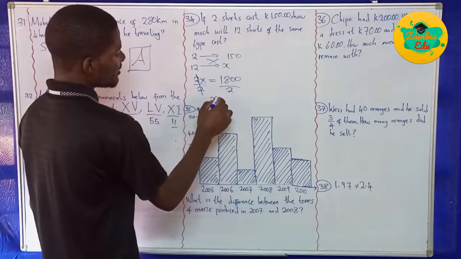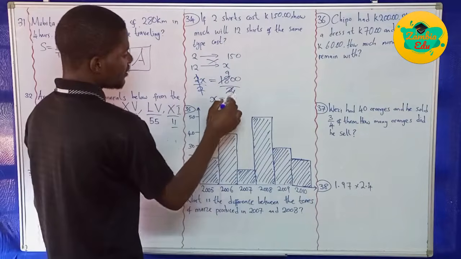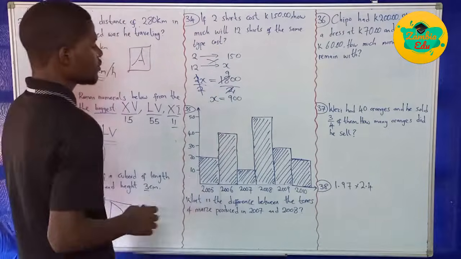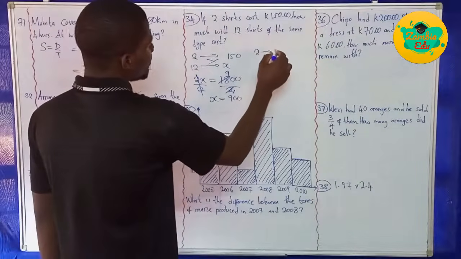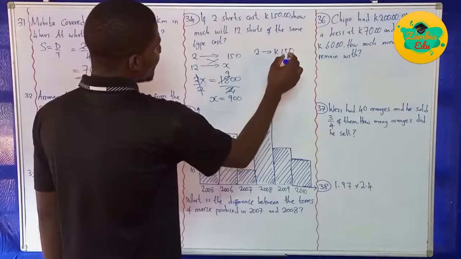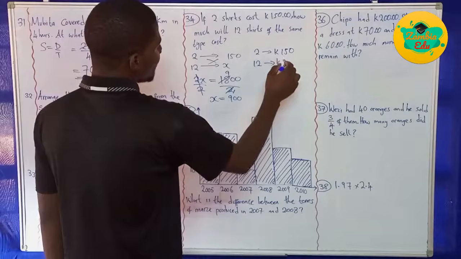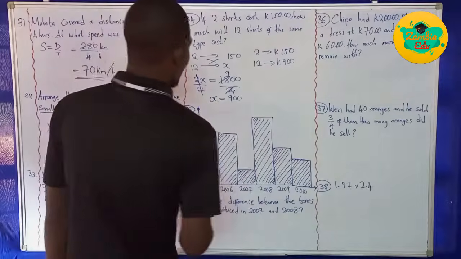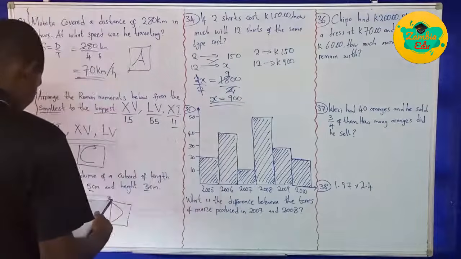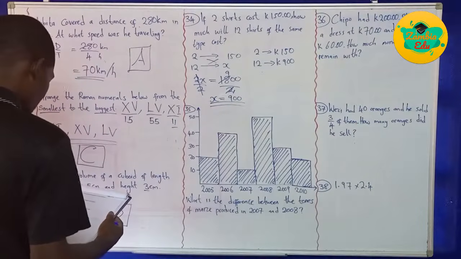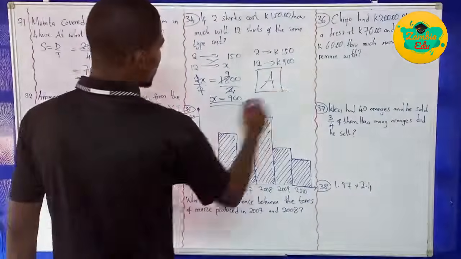So I remain with X being equal to 1,800 over 2, which is 900. So what we're saying is that if 2 shirts are able to cost 150, then 12 shirts will be able to cost 900 kwacha. And 900 kwacha as an answer was represented on option A. So our answer for 34 was A.